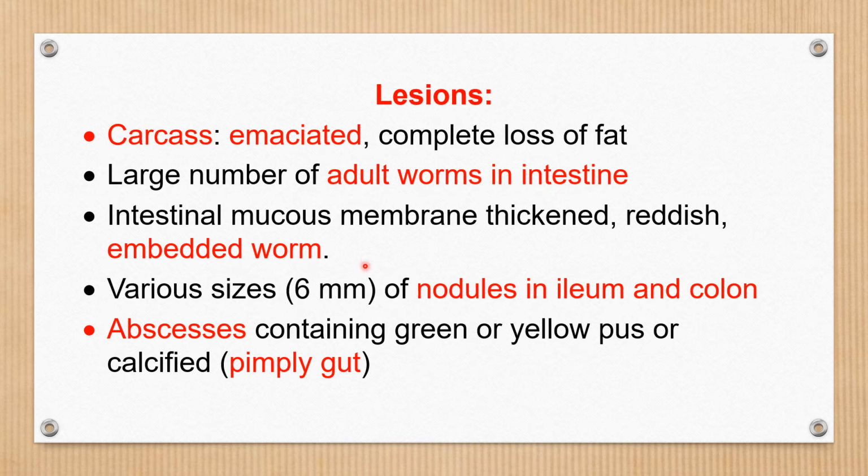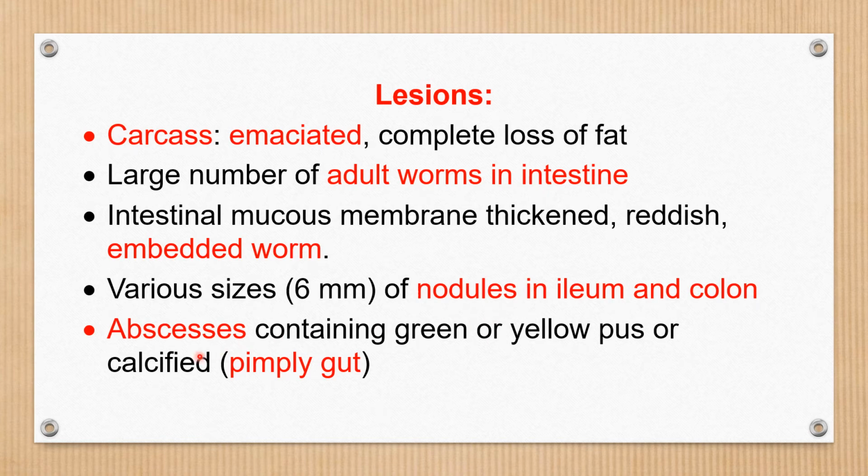Characteristic is nodules of various sizes in the wall of the ileum and colon. The size of the nodule is up to 6 millimeters. This presence of nodules in the wall of the ileum and colon is the characteristic.